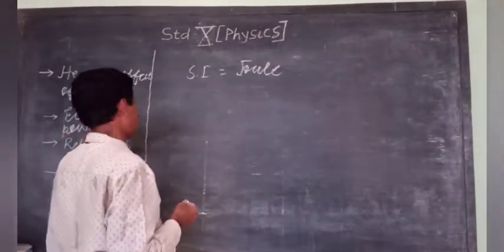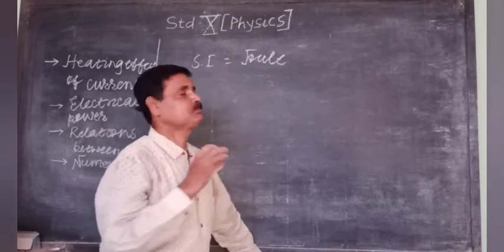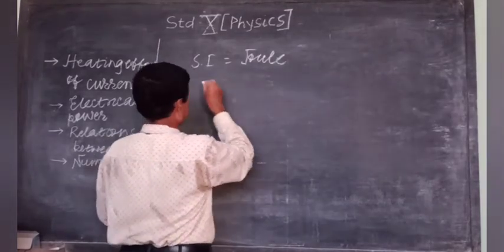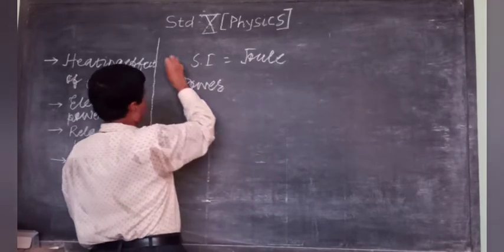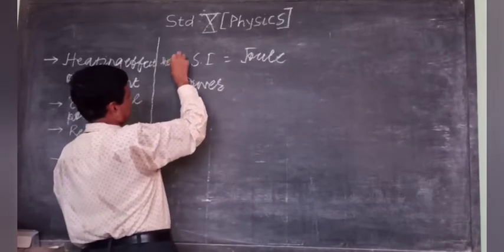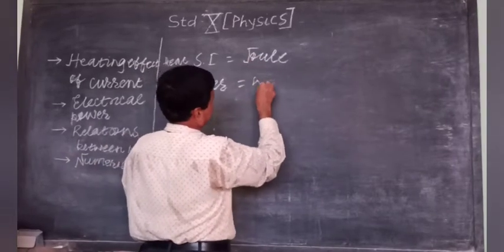And this is your power. The SI unit of power is watt. Power is used for heat. It can be written in so many forms. Power, it is watt.